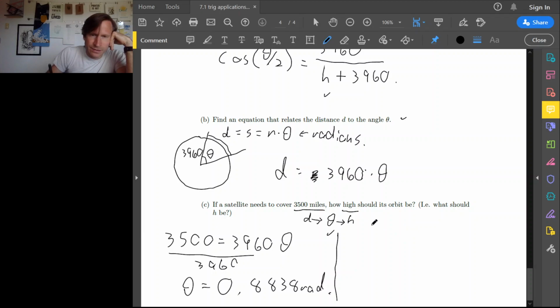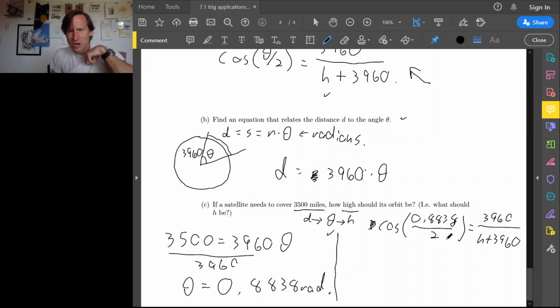And let's see, the relationship between theta and h was, it's way up here, cosine of theta over 2, so 0.8838 over 2 should be equal to 3,960 over h plus 3,960.